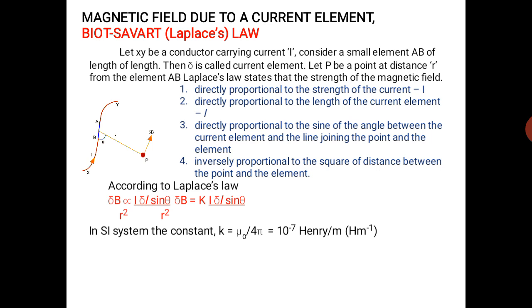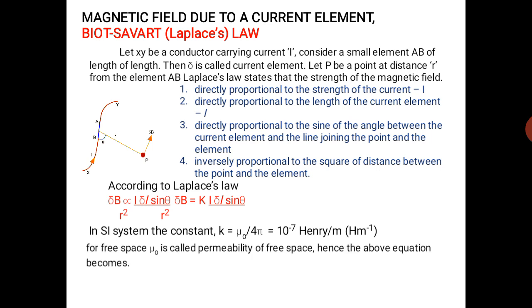This proportionality constant k is mu naught upon 4 pi. Same as in electrostatics, where we have already discussed the proportionality constant, we use 1 upon 4 pi epsilon naught. Here, for free space, mu naught is called the permeability of free space, and epsilon naught is the permittivity of free space, remember.